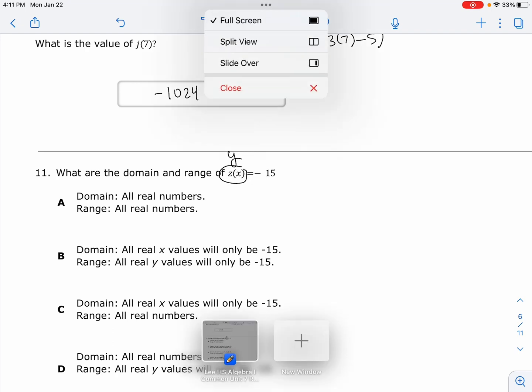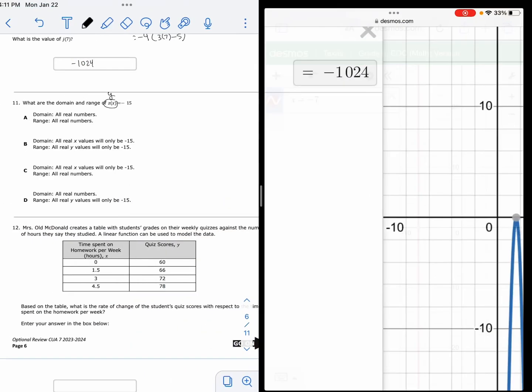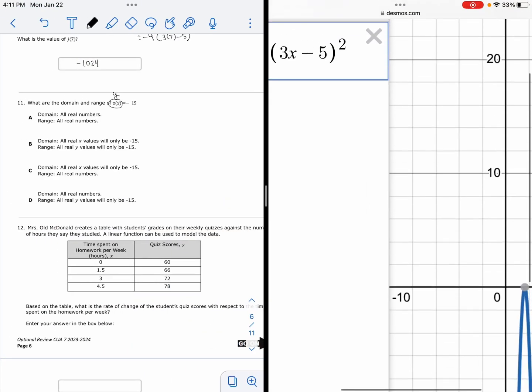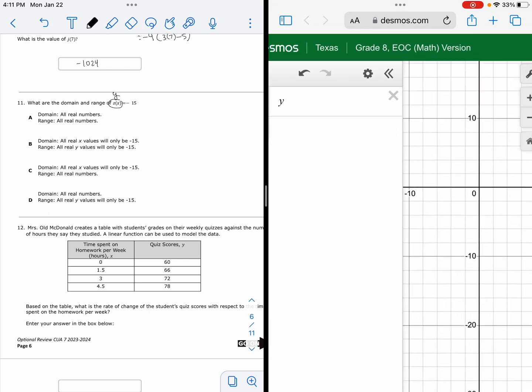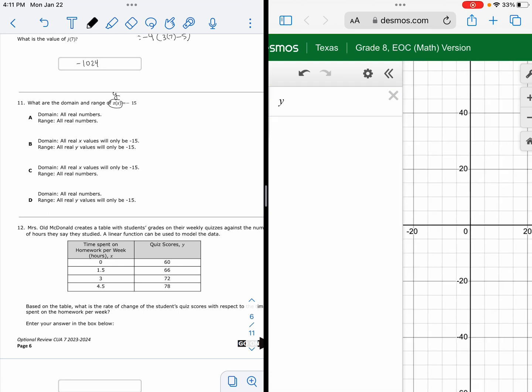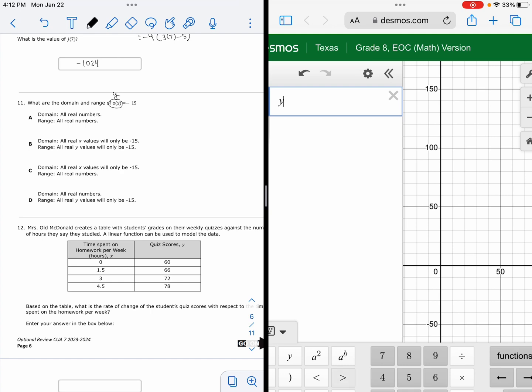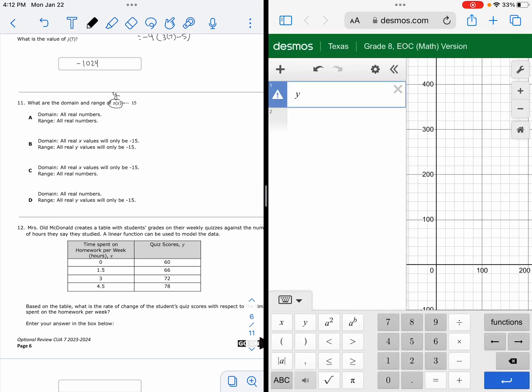So again, in Desmos, if you go type in y equals negative 15, you can zoom out a little bit. Y equals negative 15. You can see I have a horizontal line, okay?